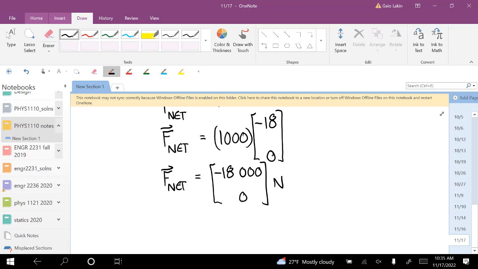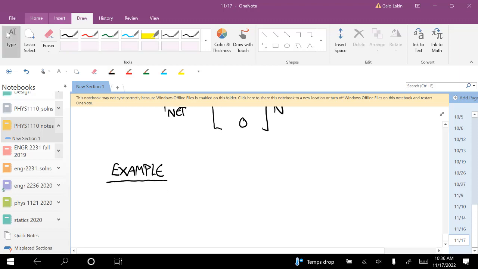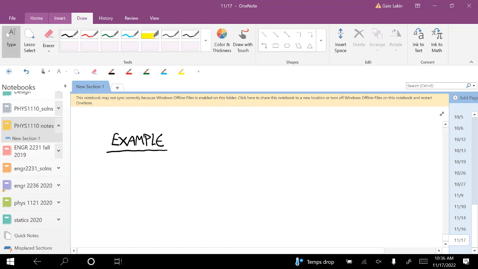Okay, so now I'm going to do a non-uniform circular motion problem. So let's say now we have, so this is non-uniform circular motion.